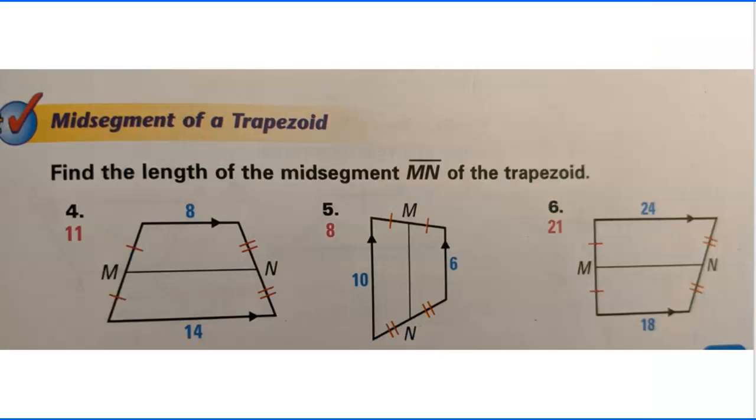We are going to look for the mid-segment in all of these, it's going to be MN. So again, the answers are up here because I only have the teacher book. We would look at the first one and we would add 14 plus 8 and we would get 32, and we would divide that into half, and they've got 11 as the answer. Whoops, I'm adding wrong.